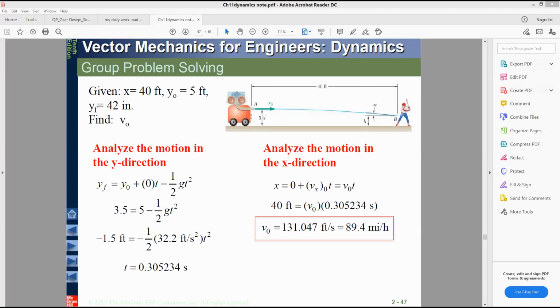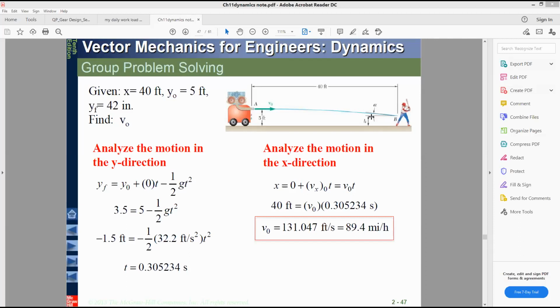That means this is 5 feet, which in terms of inches, how many inch? 5 feet is equal to how much inch? 60 inch.